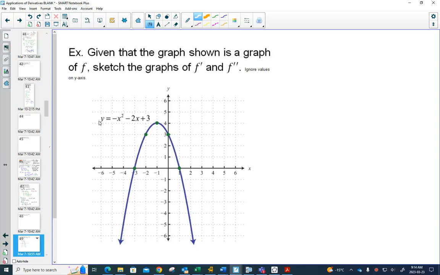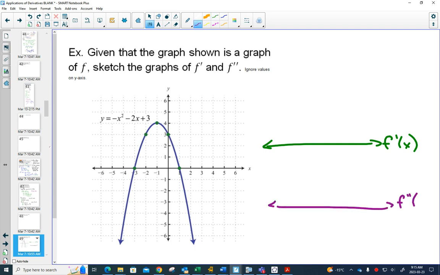Okay? So if you had just this information that we have right here, what we know about this is we can draw both our number line for our first derivative and, off to the side, our number line for our second derivative.